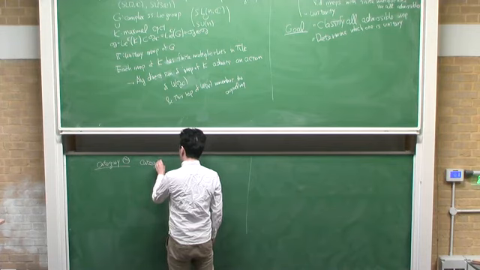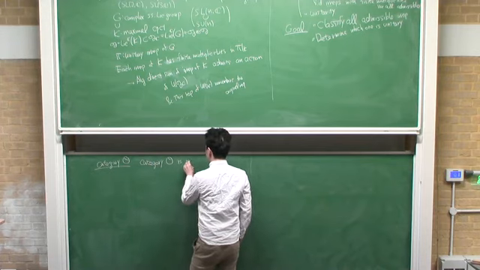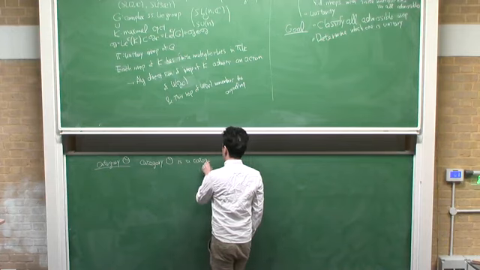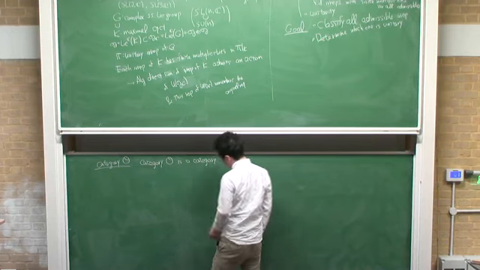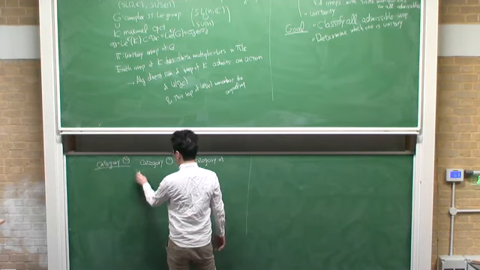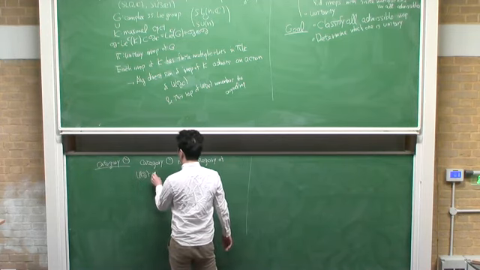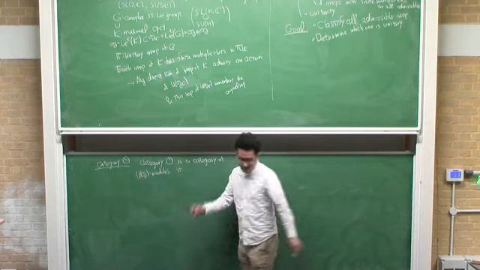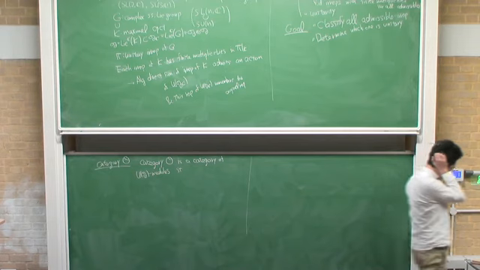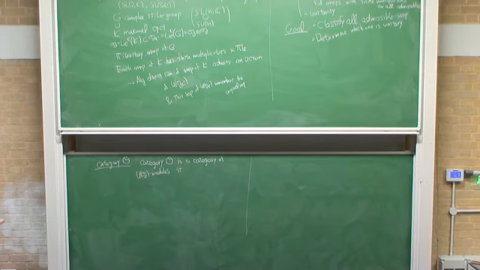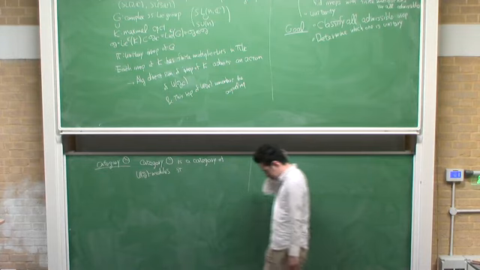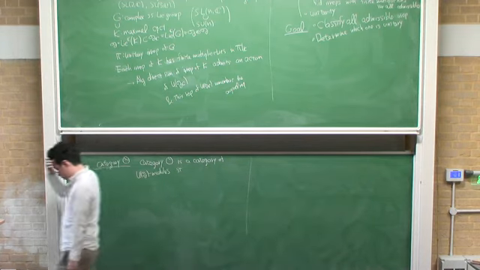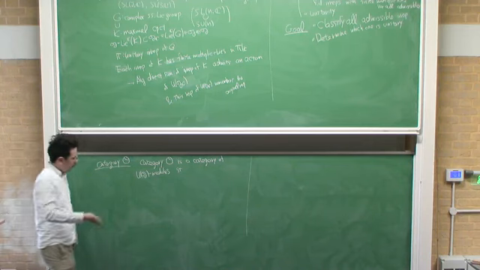So category O is a category of U(g) modules such that, when you recall the highest weight theory, or the classification of the finite dimensional representations of the Lie algebra, the important thing is the joint eigenvalue.